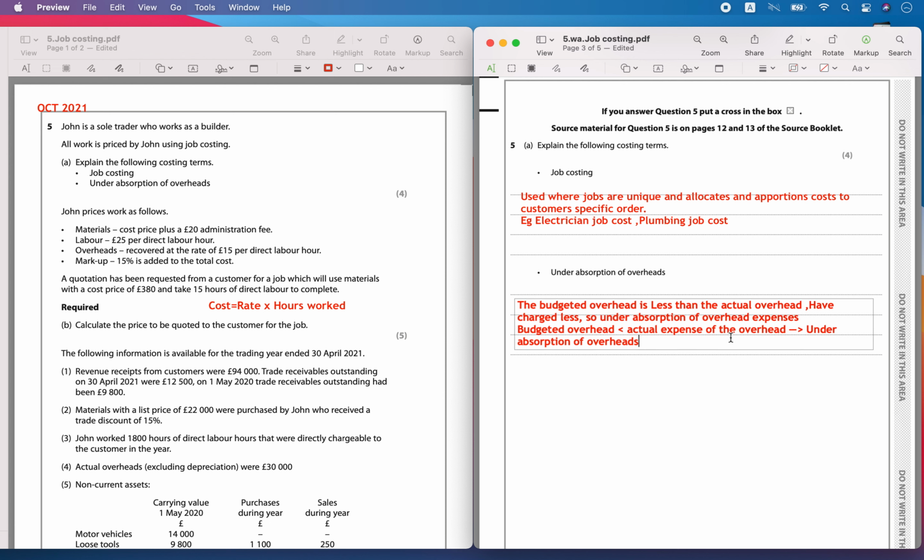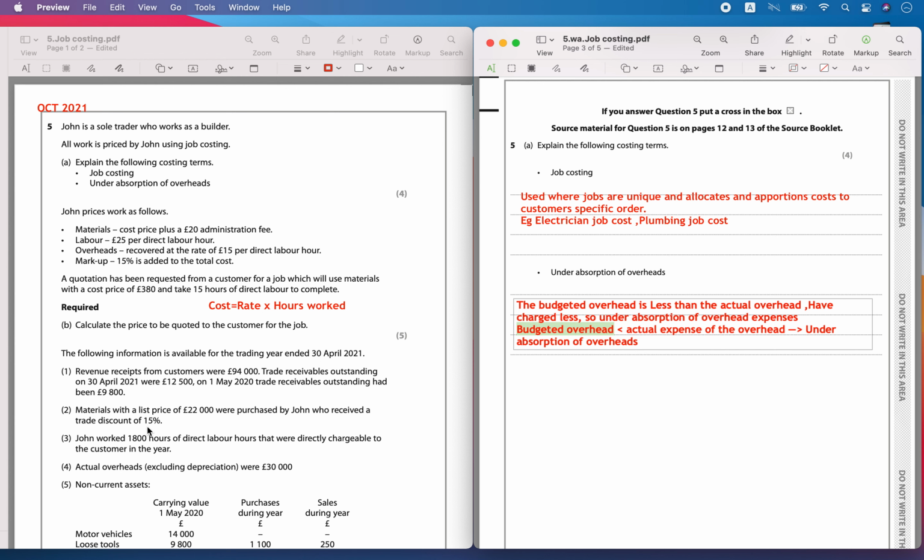The reasons for any under absorption could be that my percentage calculations might have gone wrong, or the people must have not worked efficiently, or the material cost must have gone up. All this might result in the budgeted overhead being too small.